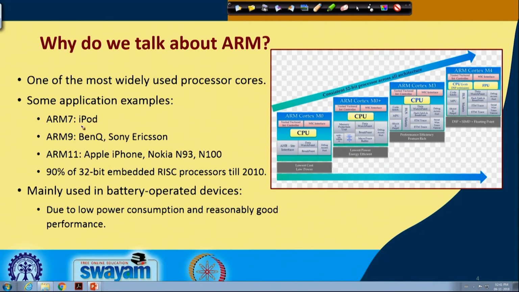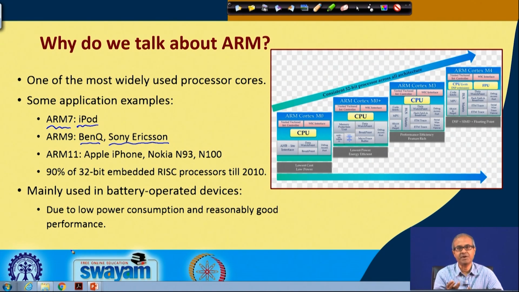Let us take some examples. Like you all know about the iPods from Apple, through which you used to listen to music. Now they are discontinued. There was an ARM processor inside that. BenQ, Sony Ericsson, these are very well known companies. They manufacture TV sets and many other audiovisual equipments.